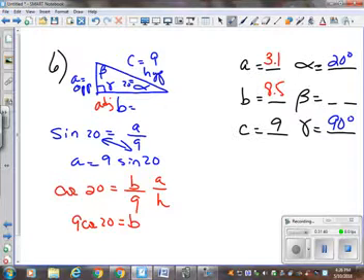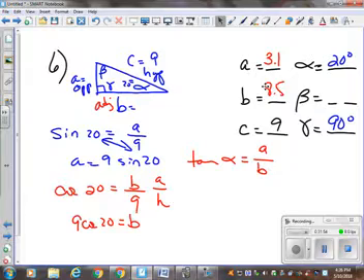Now let's talk about tangent. Tangent's going to be our check. So the tangent of alpha should be equal to the opposite A over the adjacent B. So instead of filling alpha in, we're going to inverse tangent this.